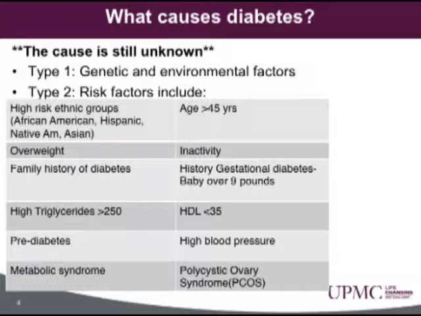If you're greater than 45 years old, if you're overweight, if you have inactivity or lack of exercise, if you have a family history of diabetes, or if a woman has a history of gestational diabetes, meaning she has a baby that is born over 9 pounds.